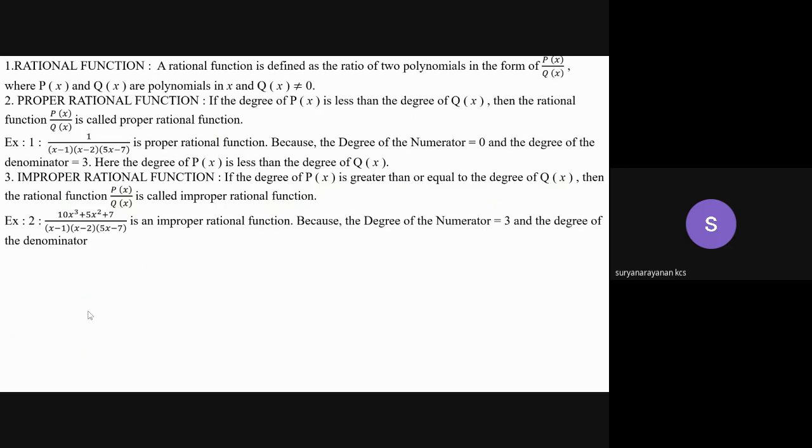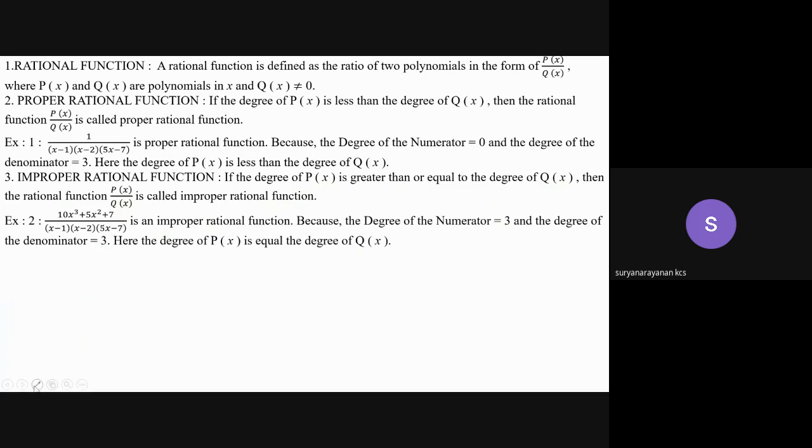What is the degree of the denominator? 3, sir. So if you observe, the degree of the numerator is 3 and the degree of the denominator is also 3. Here, the degree of p of x is equal to the degree of q of x. Therefore, the given rational function is called an improper rational function.